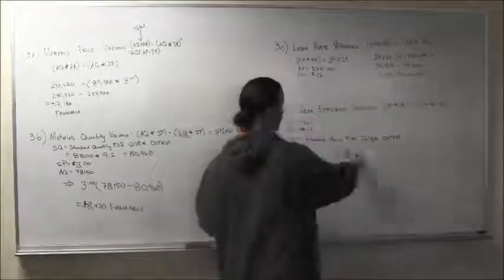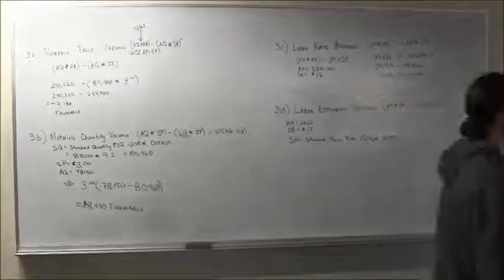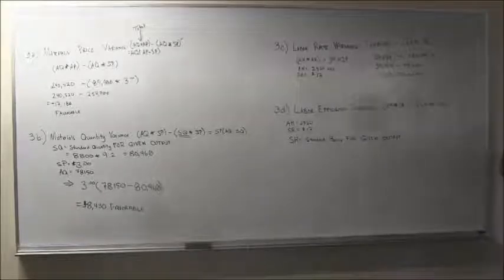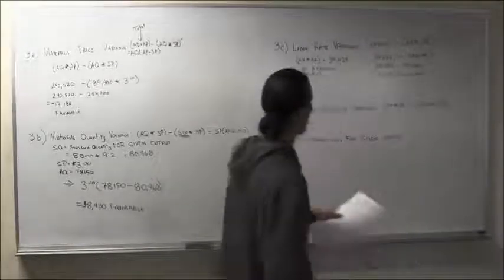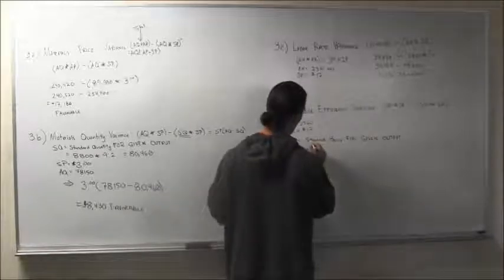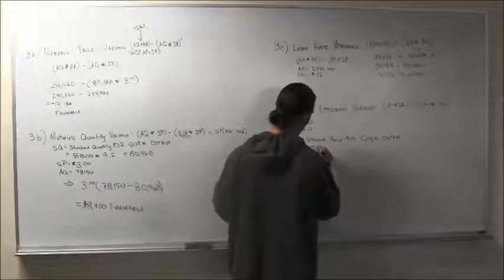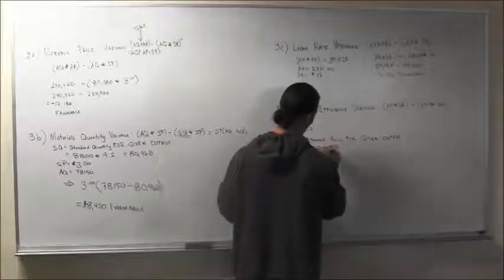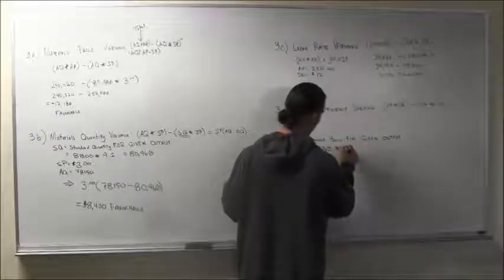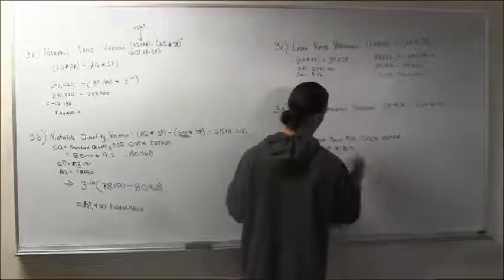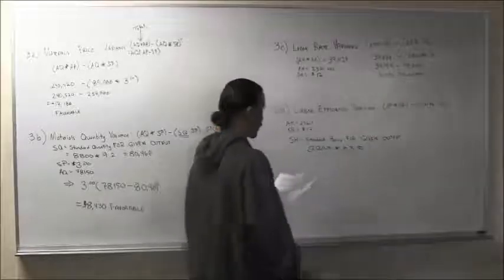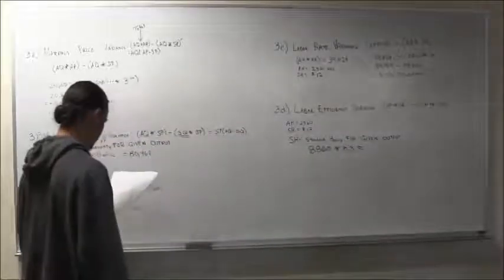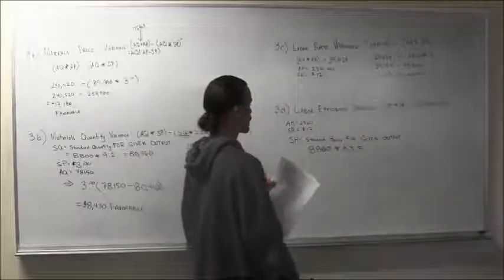What is our given output? 8,800 units. 8,800 units times how many hours should we use per unit? 0.3. And that will give us our standard hours, 2640.